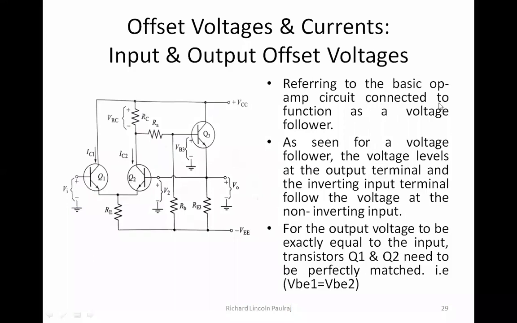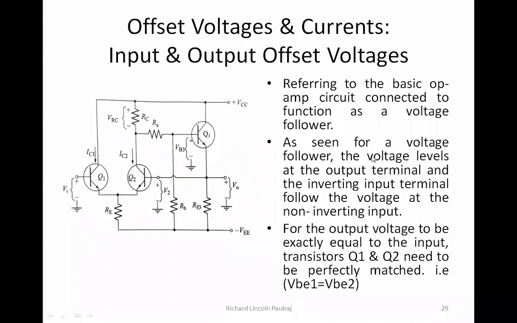Referring to the basic op-amp circuit connected to function as a voltage follower. We know that our op-amp works as a voltage follower, meaning that whatever is at the input side, the same thing appears at the output side. It tries to maintain the same thing at the output side, hence the term voltage follower.